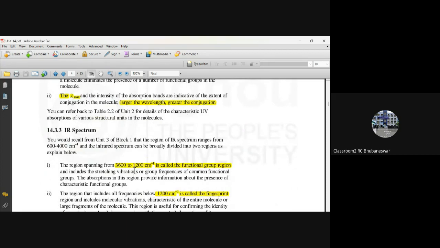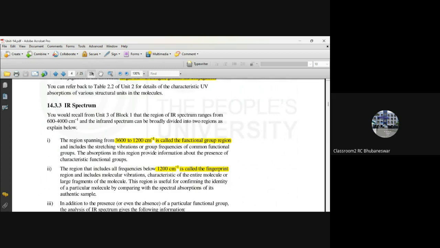And the IR spectrum, I was telling you, is very, very important, because the region of scanning, that is 3600 to 1200 centimeter inverse, is called the functional group region. While studying IR, I also discussed the fingerprint region.